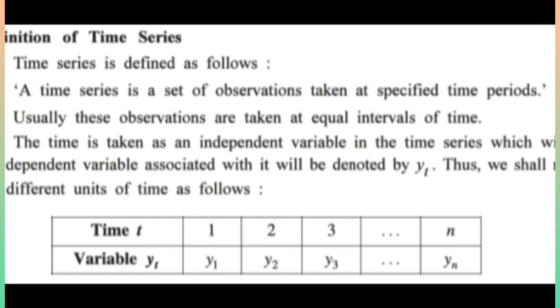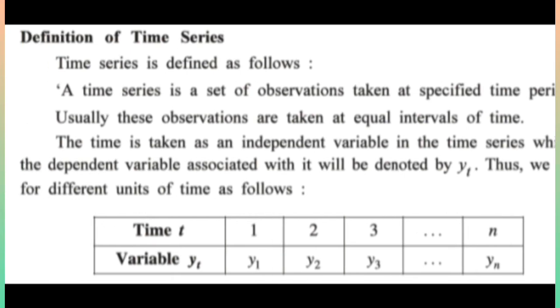Similarly, the variable which is the dependent one is mentioned with yt, and for the different time periods the variables are mentioned below. So variable yt is the dependent variable and time t is the independent one. That is how the data are mentioned with respect to time. So this was the definition with an example of time series.